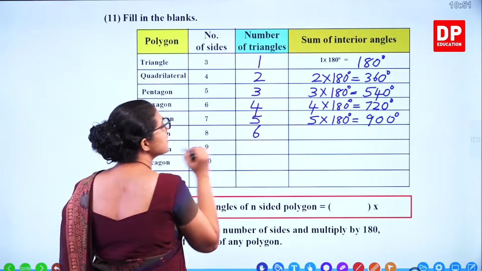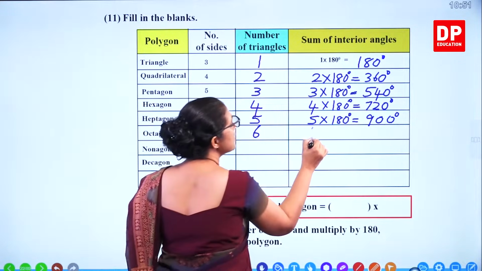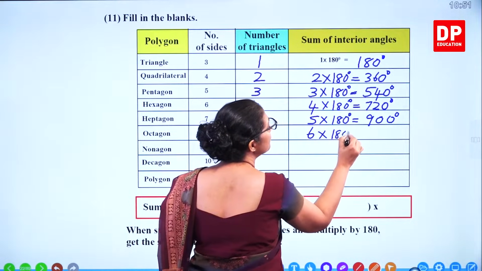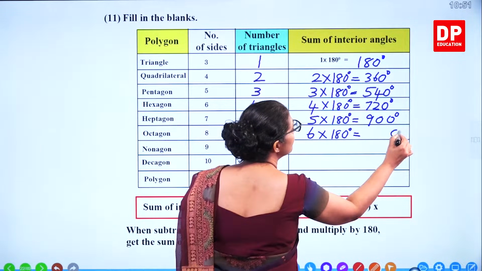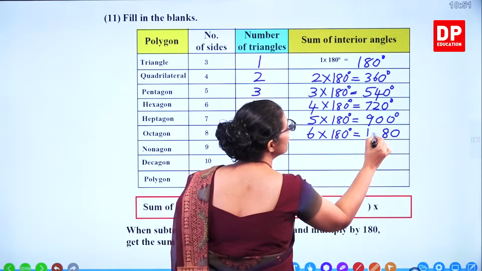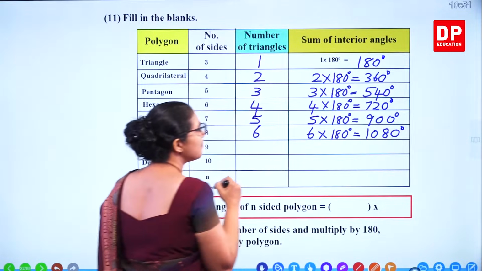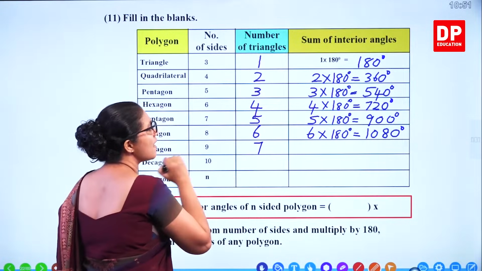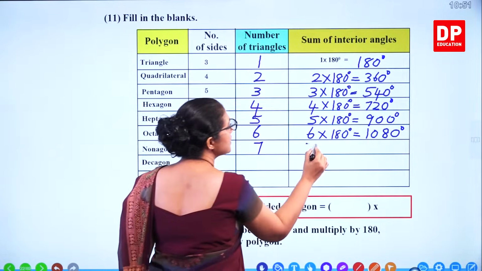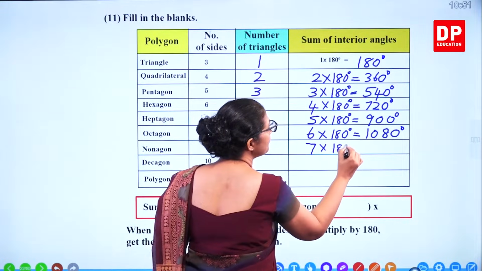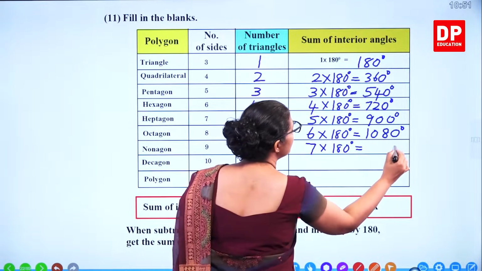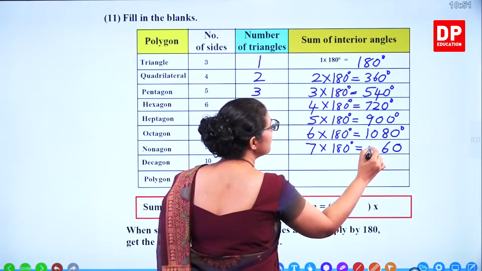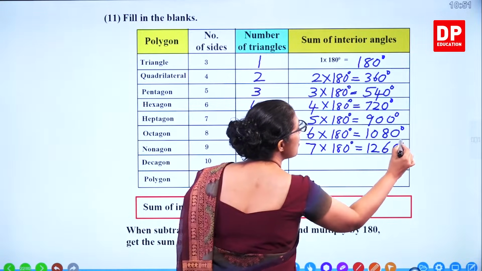How many triangles? 6. 6 into 180, 1080 degrees. Nonagon, a 9-sided polygon. So you get 7 triangles. 7 into 180, 1260.